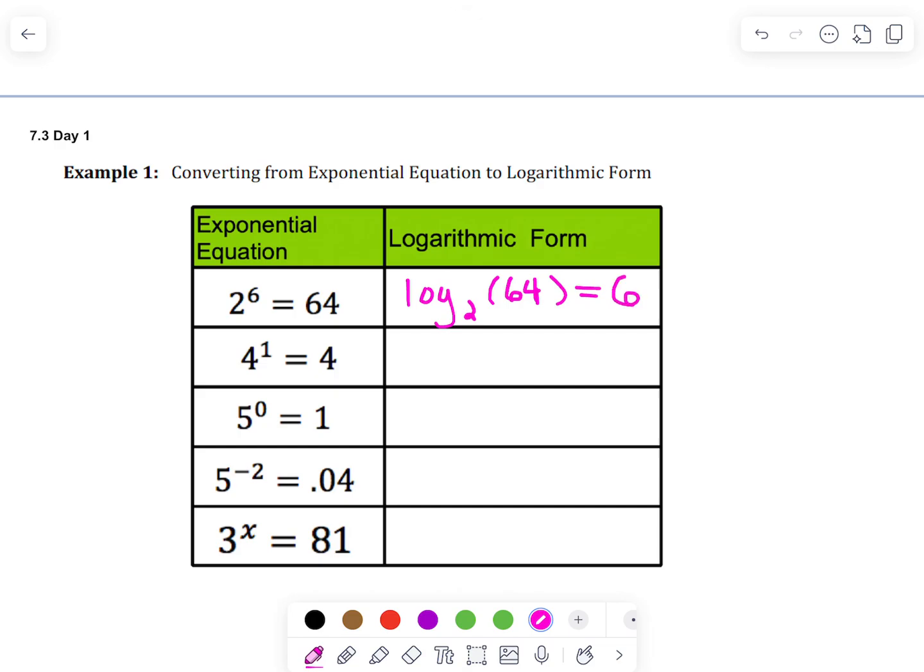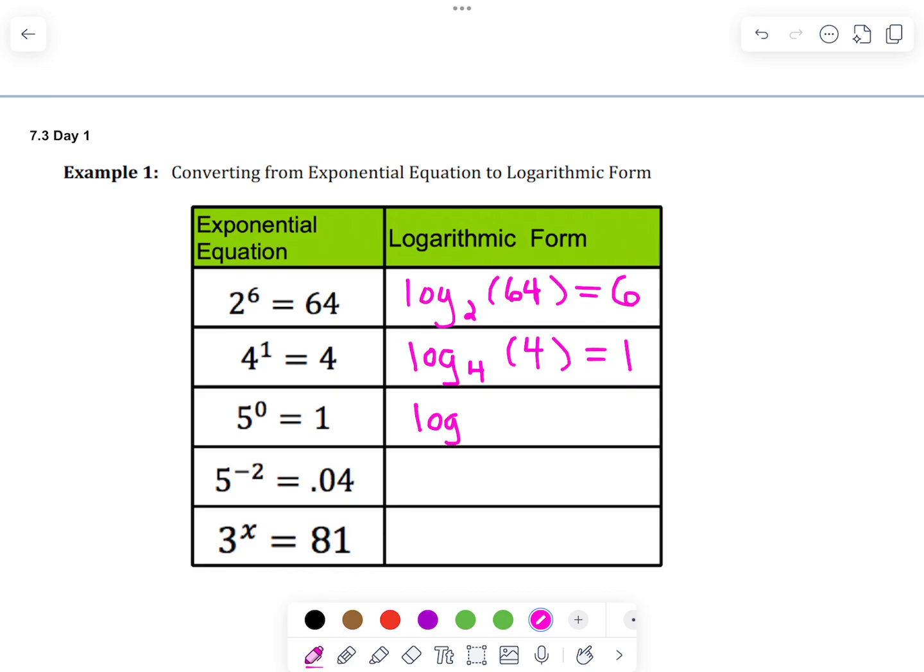Let's do the next one. 4 to the first power equals 4, so to write that as a logarithm, it's log base 4 of 4, and again that exponent goes off to the right. Third example, 5 to the 0 power, anything raised to the 0 power is 1. How do we write that as a logarithm?